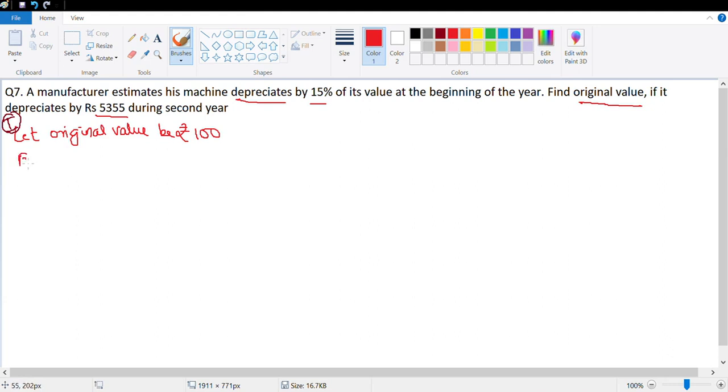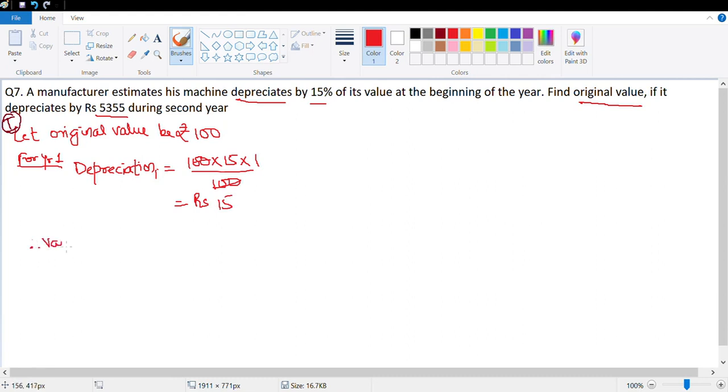So depreciation for year 1 will be equal to the value of the machine, in this case 100, into rate into time, in this case 1 upon 100, which is equal to rupees 15. So if the value of the machine goes down by 15 rupees, what is the value at the end of the year?